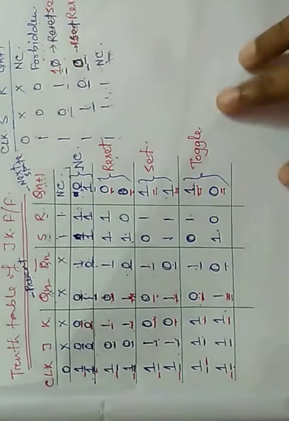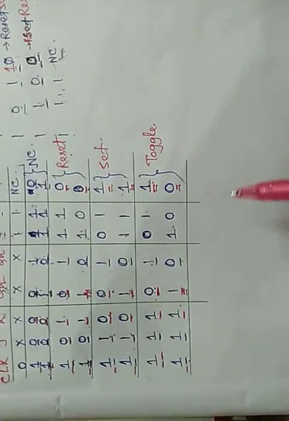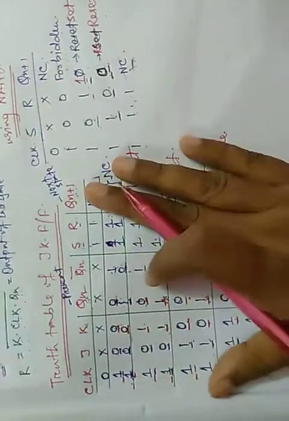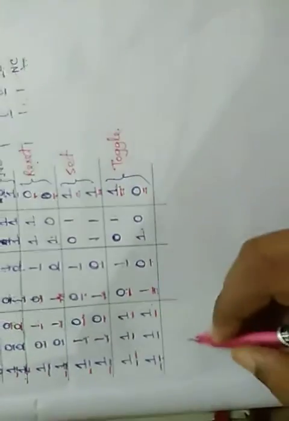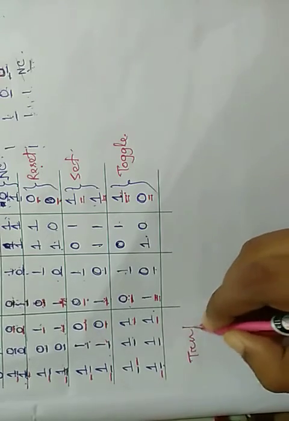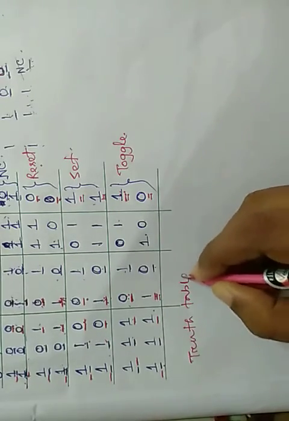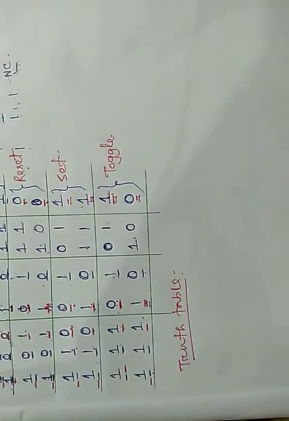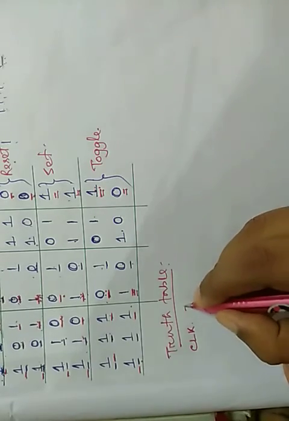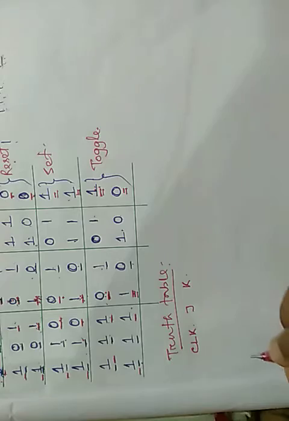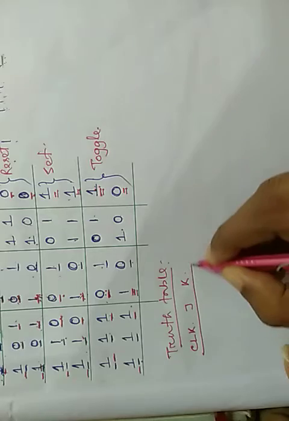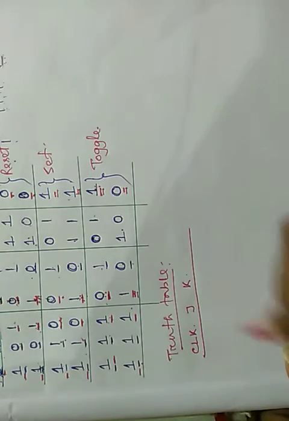So these are all the possible conditions. Now from these conditions we can come to the truth table. This is the total explanation of the truth table. Now we can sum up this truth table. Input must be clock, J, K. As it is a JK flip-flop, we kept here only J and K as inputs.